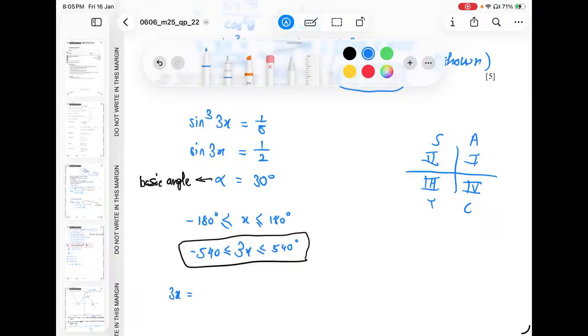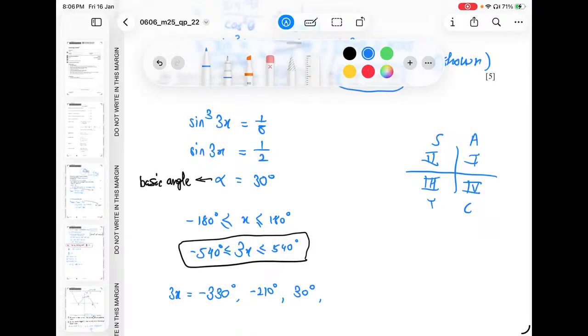So now negative 540 will give you 3x to be negative 330. One of the angles for that is negative 330. How I got that: negative 360 minus the 30, the basic angle. And the second one is going to be negative 210. Third one is going to be 30 degrees.